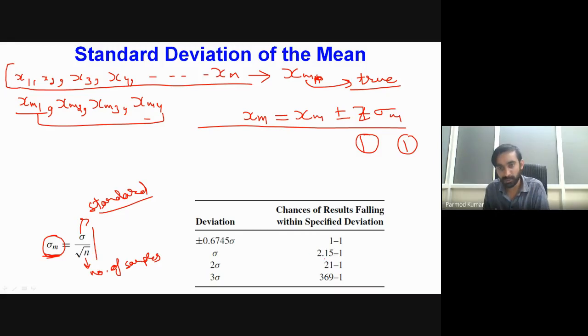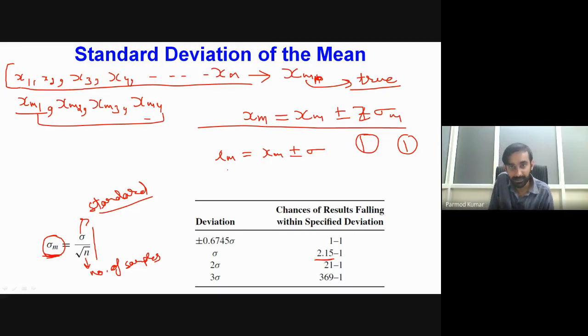Then corresponding to the second, if we take the value of xm as xm plus minus sigma, in that case, out of about 2.15 samples, we have a chance that one sample is odd.